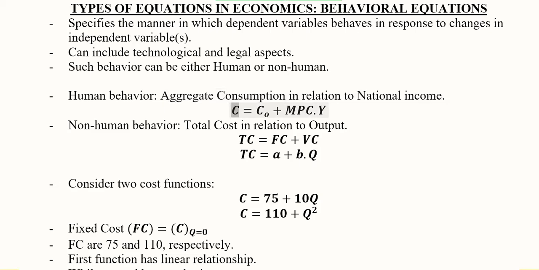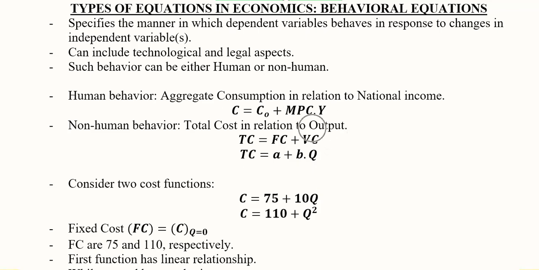The behavior regarding the consumption of the people depends upon the minimum level of consumption based upon the basic needs that they have, and then the induced consumption, which is based on the value of the income and the marginal propensity to consume. So you see, the consumption behavior is modeled in this equation, where there is autonomous consumption as well as induced consumption.